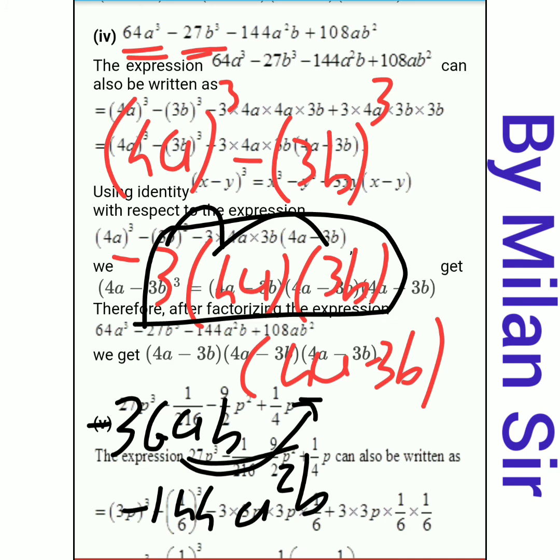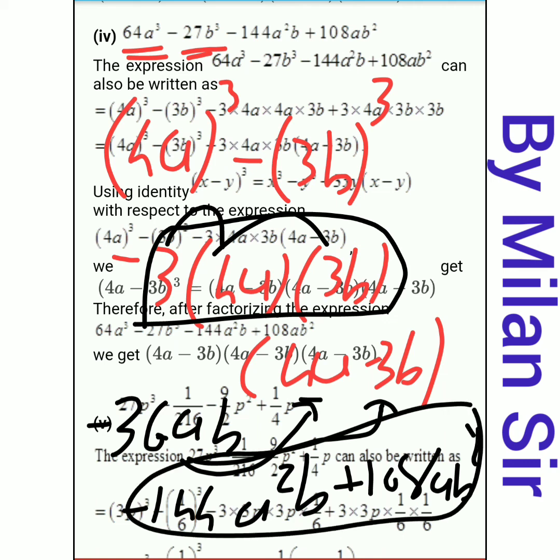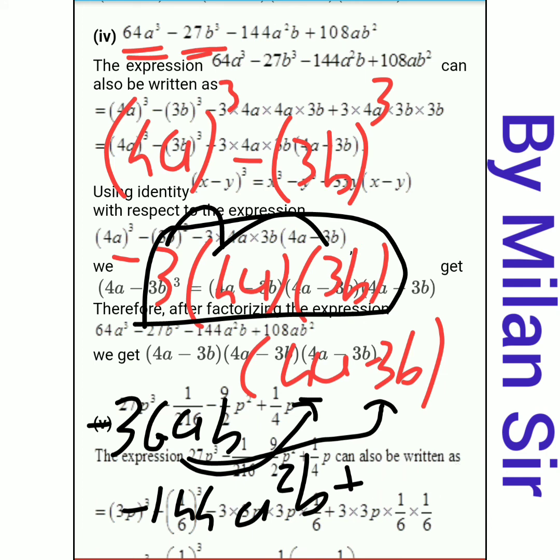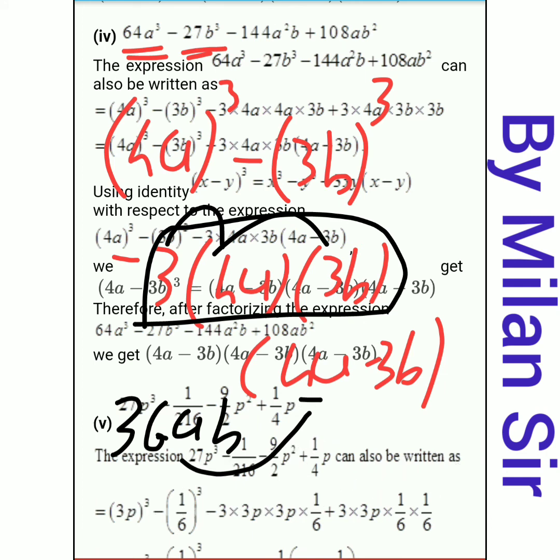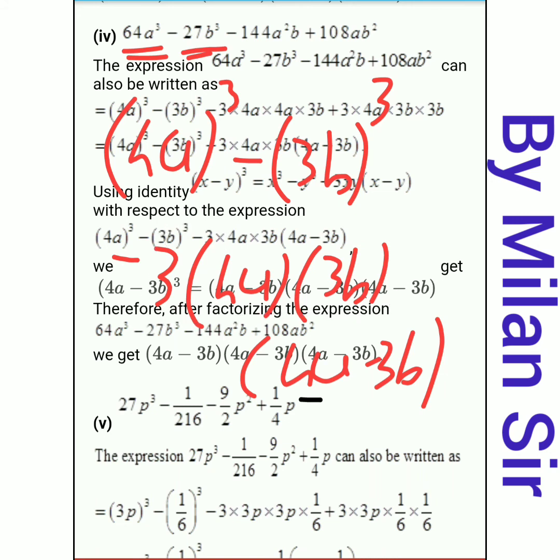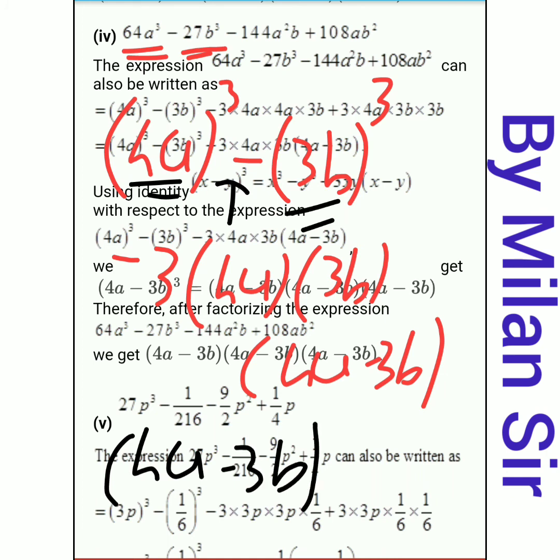Then we multiply this minus 36ab with minus 3b, so minus minus plus, 36 3s are 108, and ab multiply b is ab square. These two terms we have in the equation, so we can use this identity and directly write the answer. So our answer is first bracket 4a, negative sign, and here 3b all cube. Okay, this is our answer.